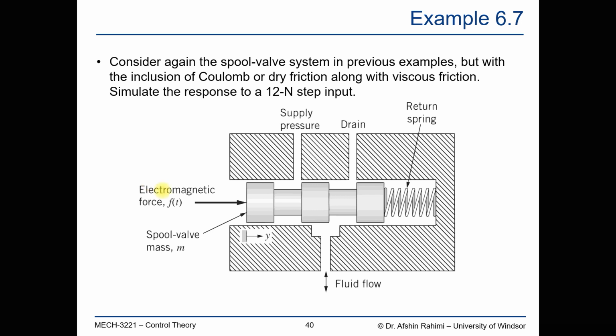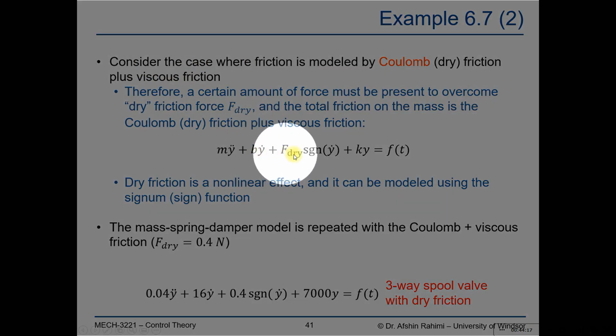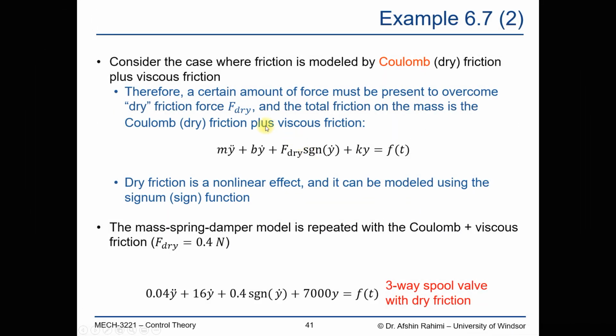So what this changes this time is we have an additional term, the Coulomb or dry friction, which is nonlinear and makes our equations nonlinear. So it forces us to use the integrator block approach. Considering the case where friction is modeled by Coulomb or dry friction plus viscous friction, so we already have the b y dot, but we want to add the Coulomb friction as well, or the dry friction, which is a nonlinear term.